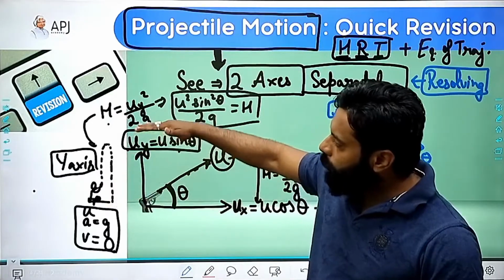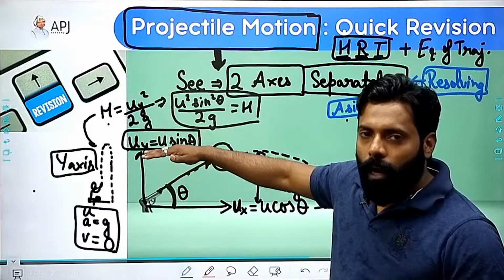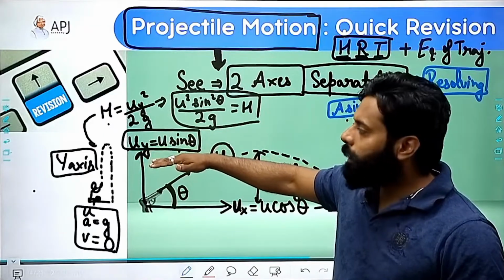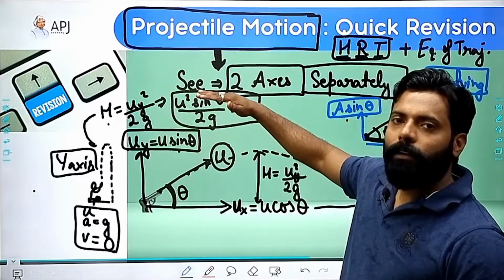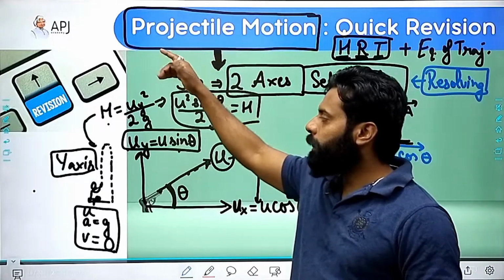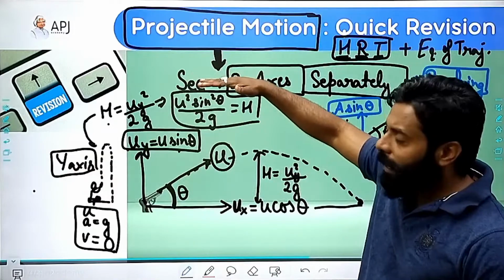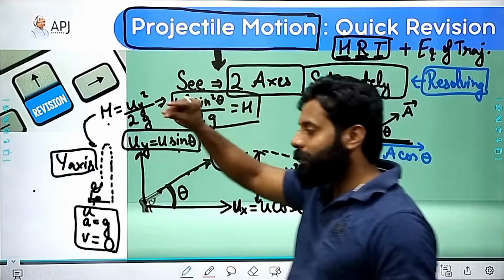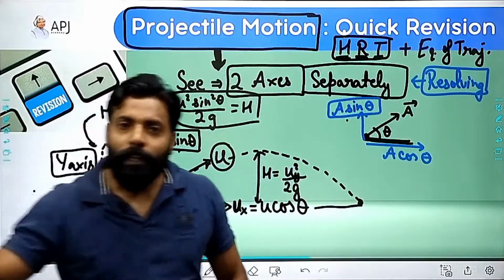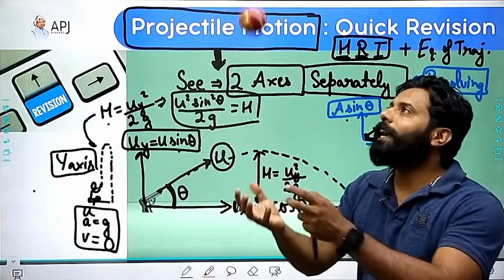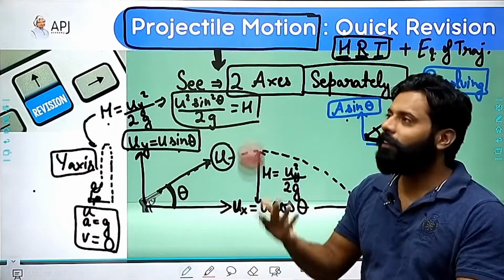It will depend upon how much time the object will remain in air, and that will be decided by the y-axis. The time in air of the projectile is decided by the y-axis, isn't it?